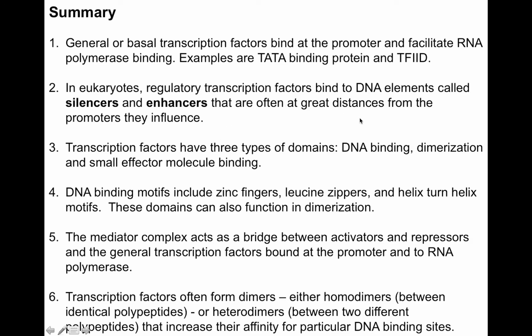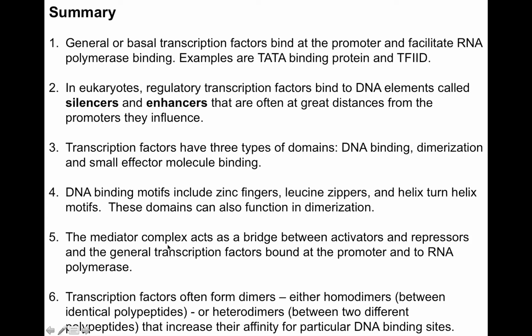They are often at great distances from the promoters that they influence. Transcription factors have three types of domains: DNA binding, dimerization, and small effector molecule binding. DNA binding motifs include zinc fingers, leucine zippers, helix-turn-helix motifs. These domains can also sometimes function in dimerization.